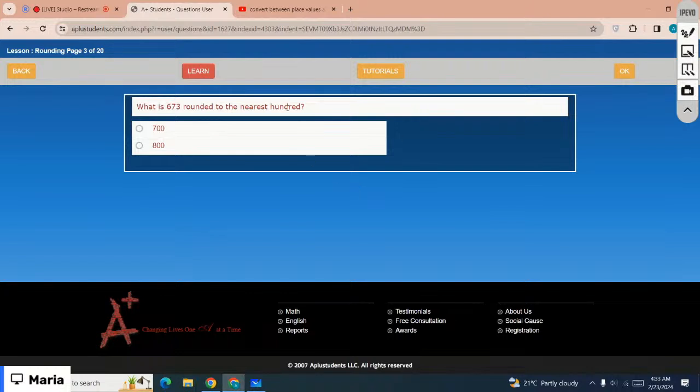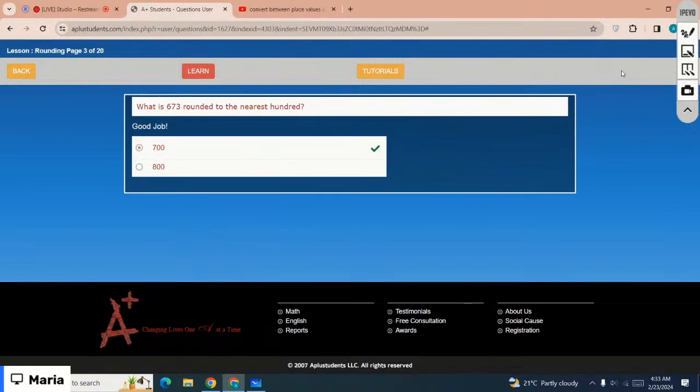Yes, that is rounded to 700. Option number 1 is the correct option, right?